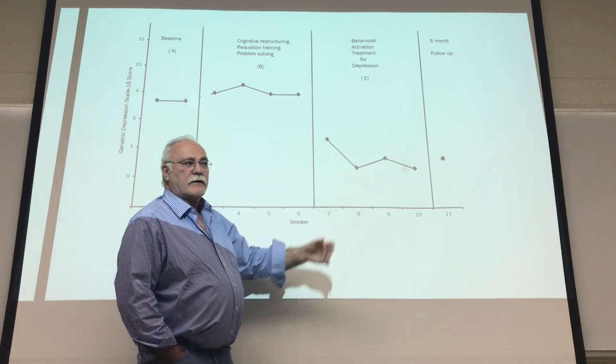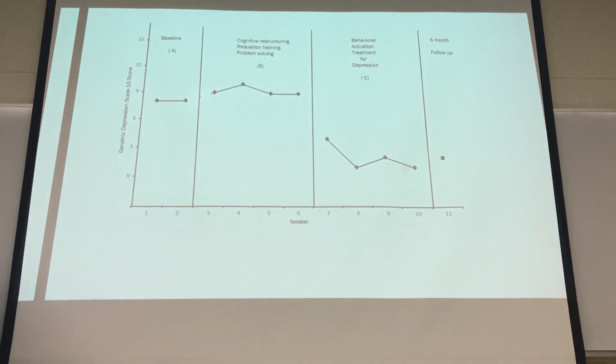What would you say? It was maintained pretty well. Yeah, maintained. And I ain't doing treatment for 6 months. He's out there doing what I taught him to do. He comes back, and all I do is assess. That follow-up is just like in baseline. The behavior is maintained 6 months after treatment.